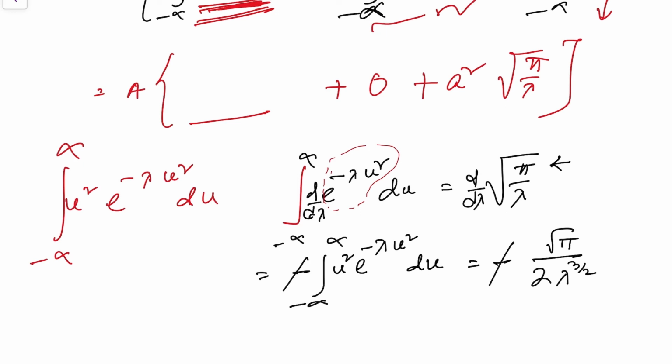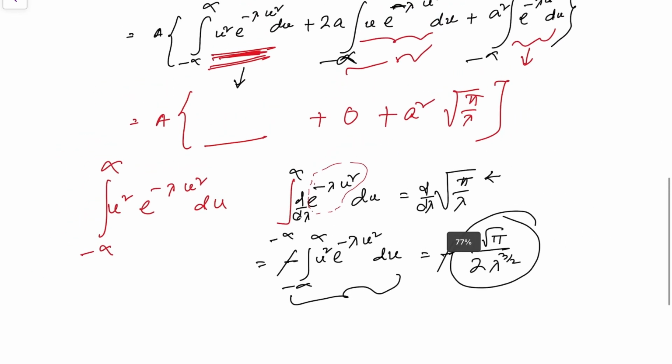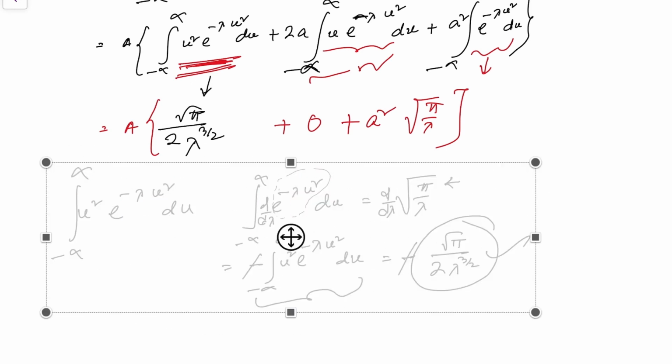If you cancel the minus signs, this part is equal to this result. So we can put this result here: root pi by 2 lambda to the power 3 by 2. Hope you have understood this integration.